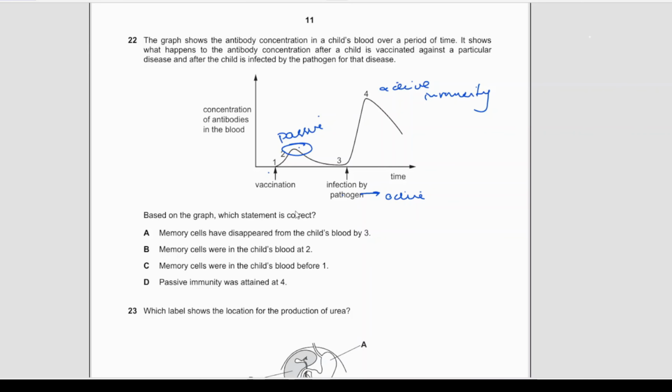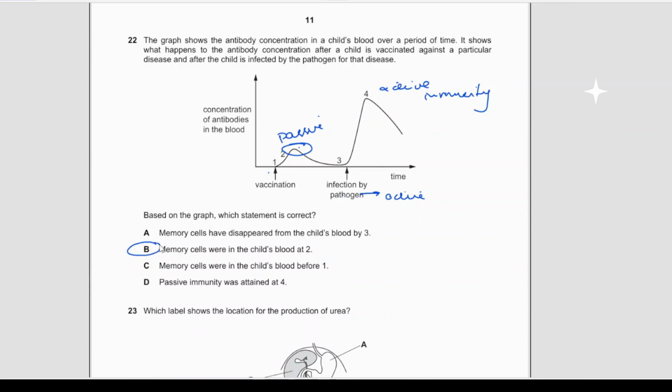Based on the graph, which statement is correct? Memory cells are actually produced in passive immunity?